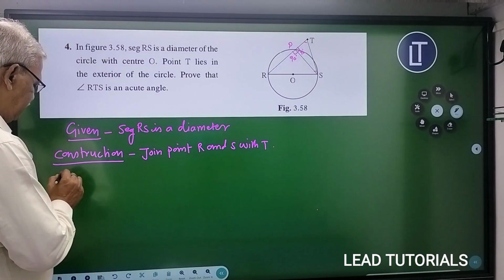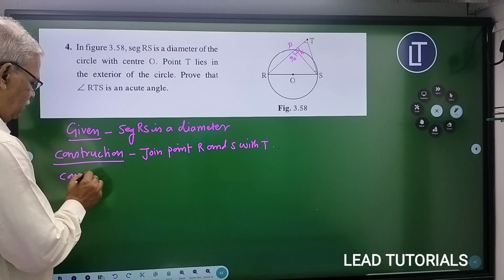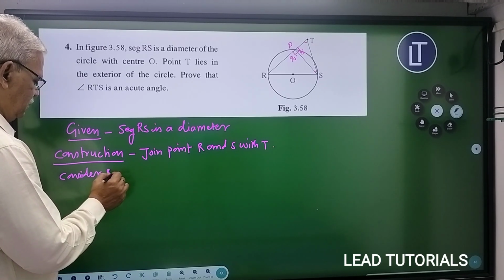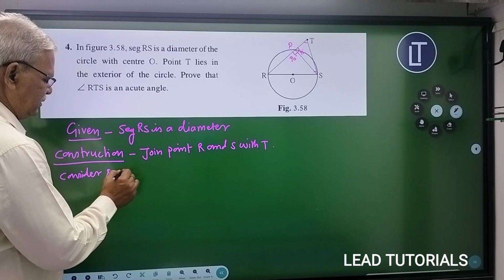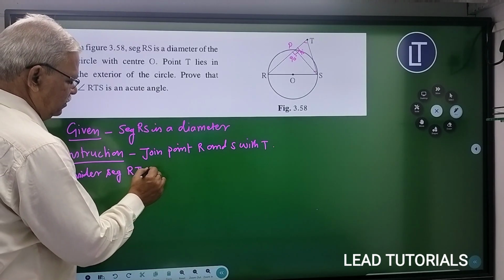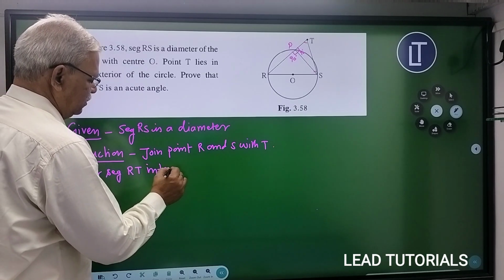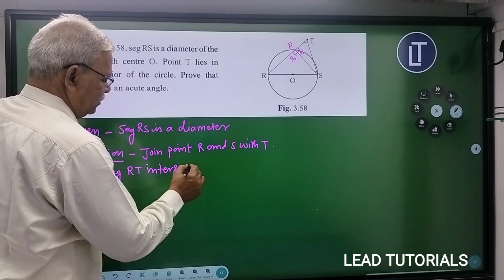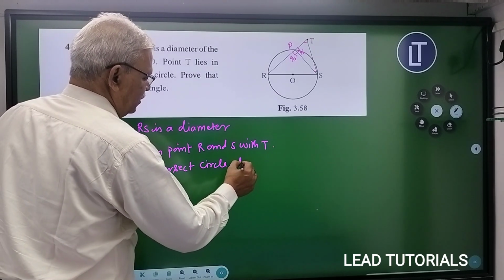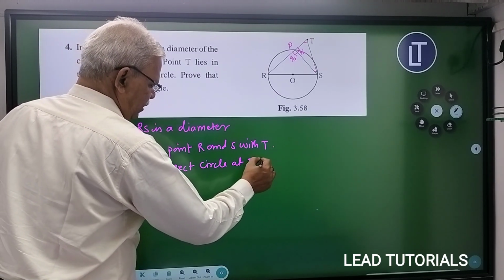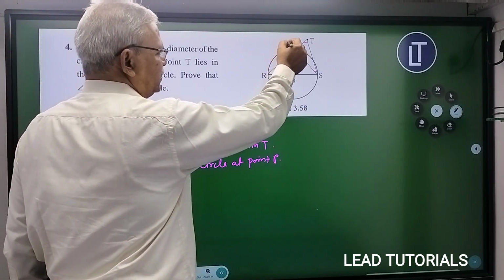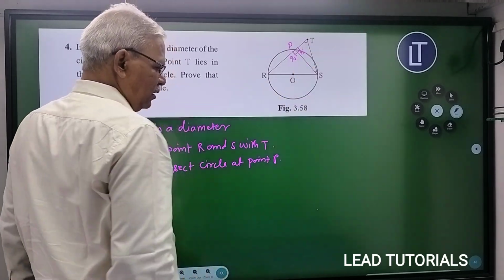Let's consider segment RT intersects the circle at point P. You have to consider it because it's not given. You can take any alphabet.